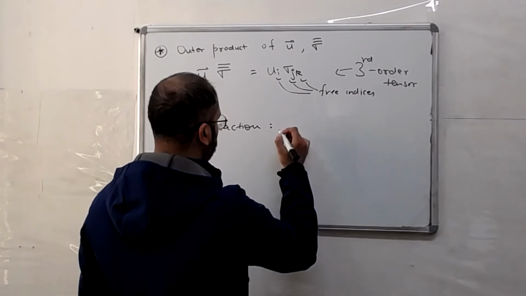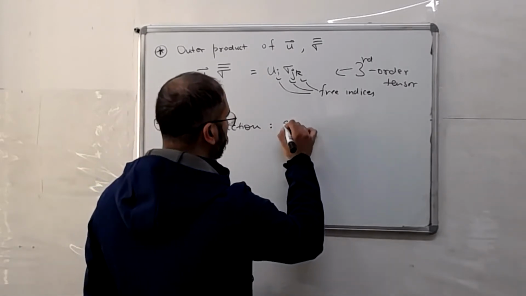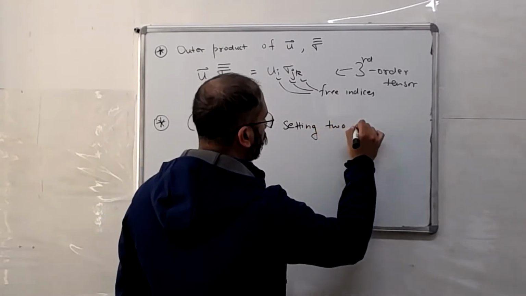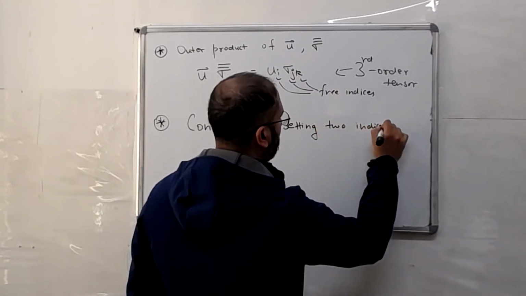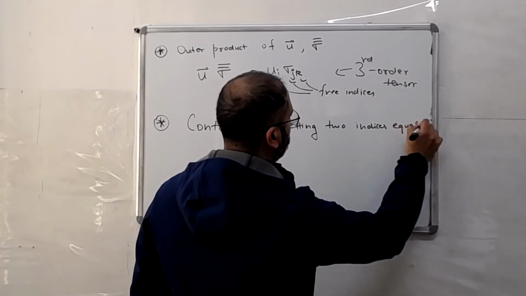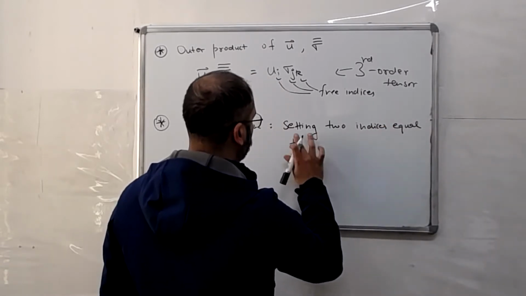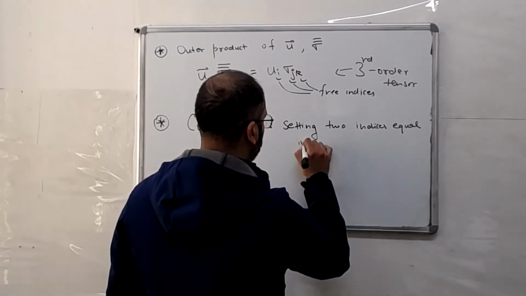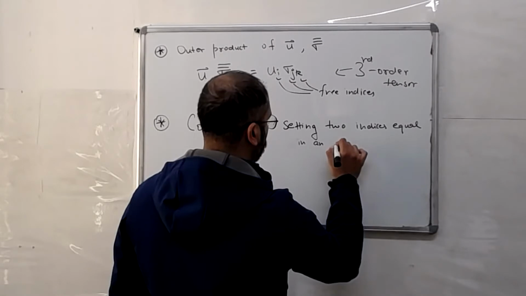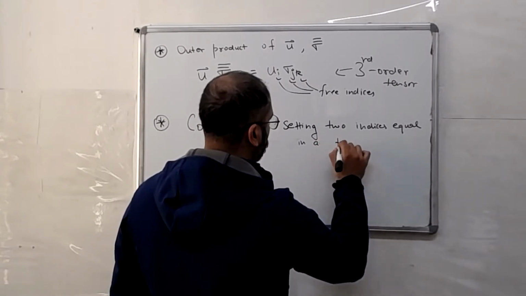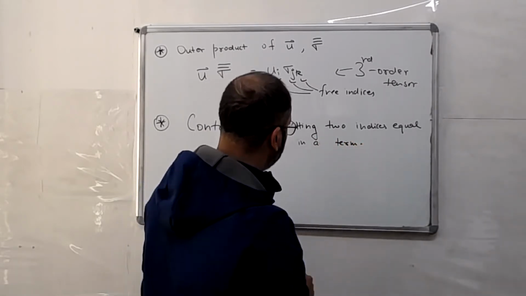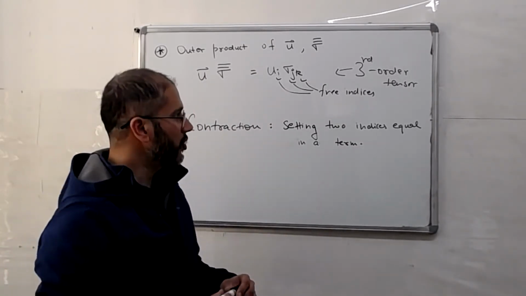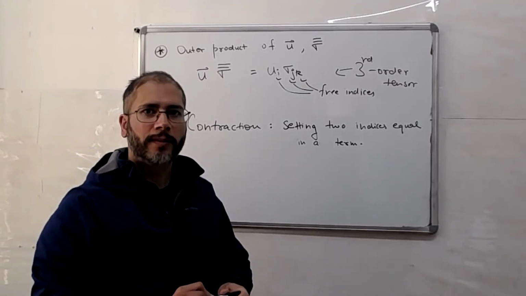Contraction in the sense of indicial notation means setting two indices equal in a term. Contraction means you set two indices equal to each other in a term.